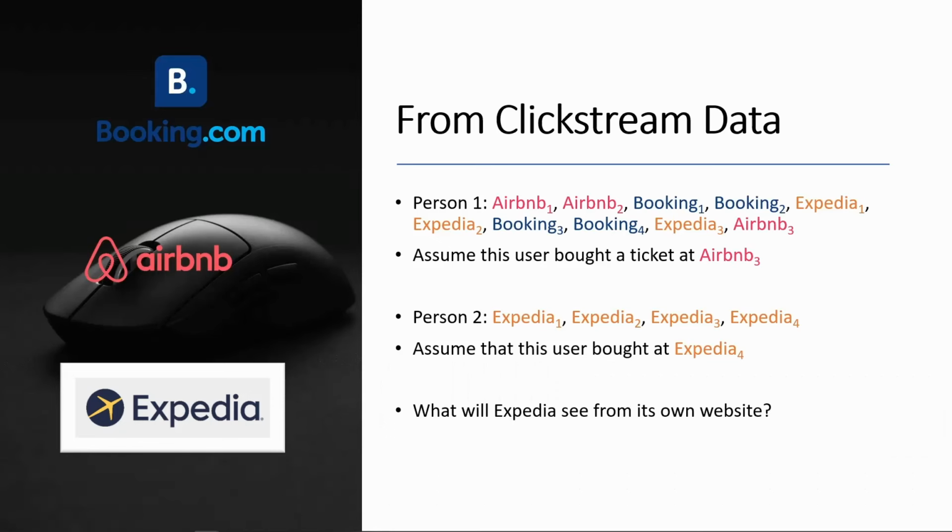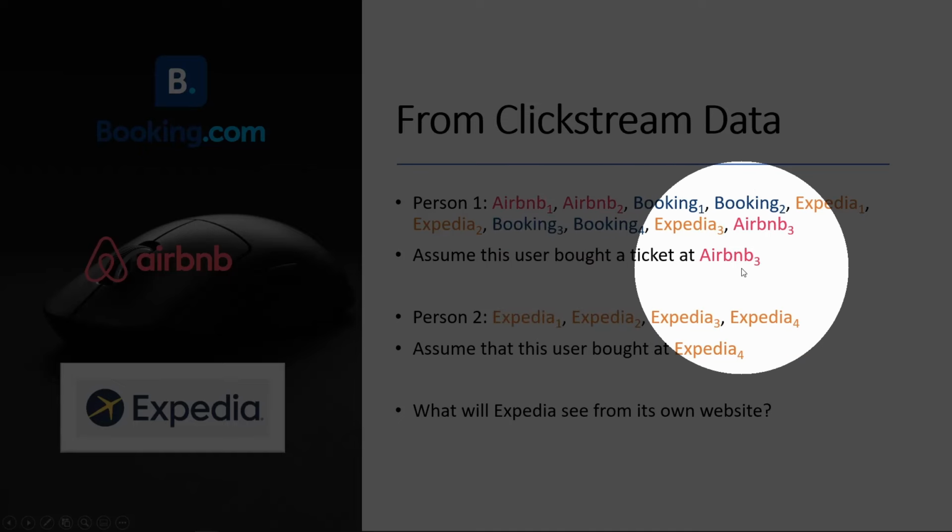Based on the clickstream data, we know that person 1 has visited Airbnb once, twice, and then moved on to Booking, and then Booking again, Expedia, Expedia again, Booking, Booking again, Expedia, and then Airbnb, and assume this user eventually bought a ticket at Airbnb.